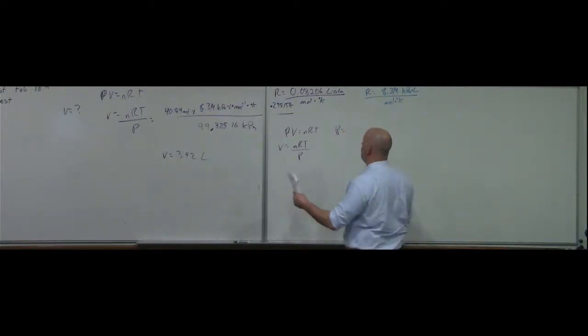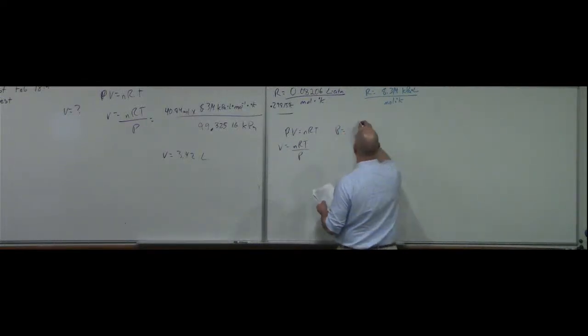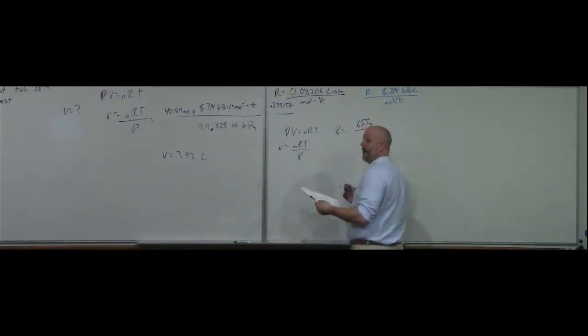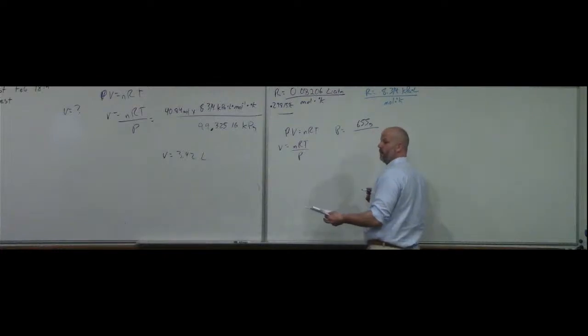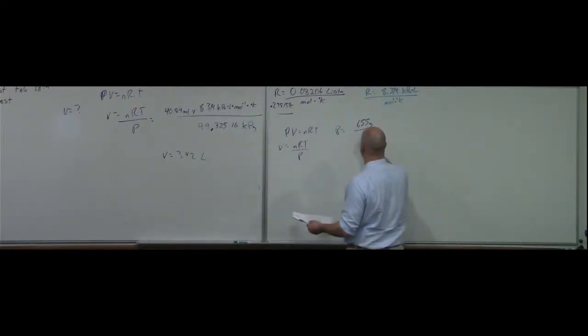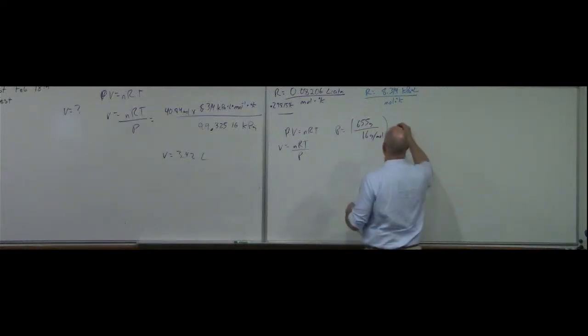We had 655 grams over a molecular mass of 16 grams per mole, right? That will give us our number of moles.